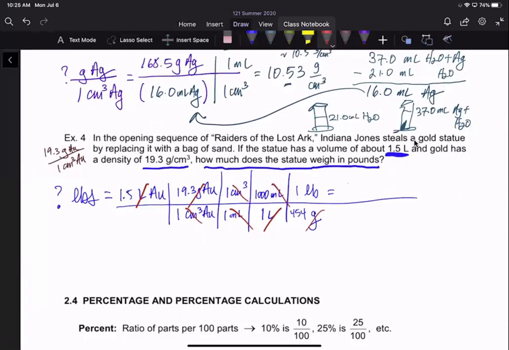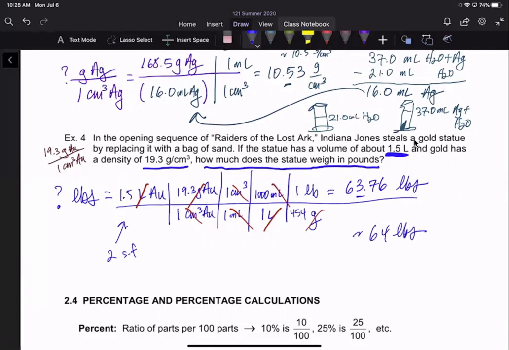And I get 63.76 pounds. And it's only good to 2 sig figs. So that is about 64 pounds.